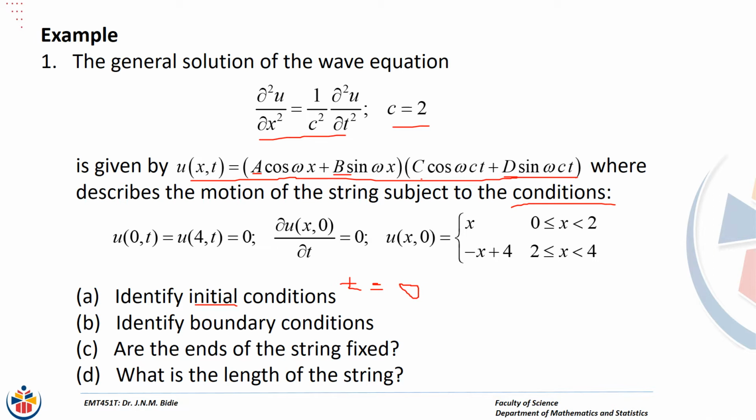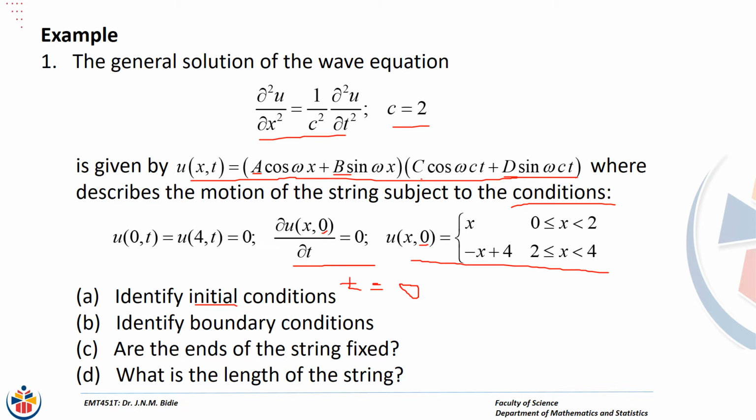So the third condition and the fourth condition are the initial conditions, because in both the value for t is equal to 0. We are not mindful of what is happening on the right hand side. We are just looking at whether it is the value for t or the value for x that is changing. And for initial conditions, t must always be equal to 0.